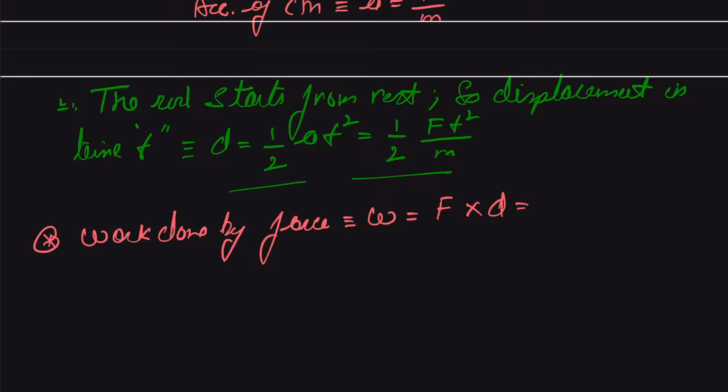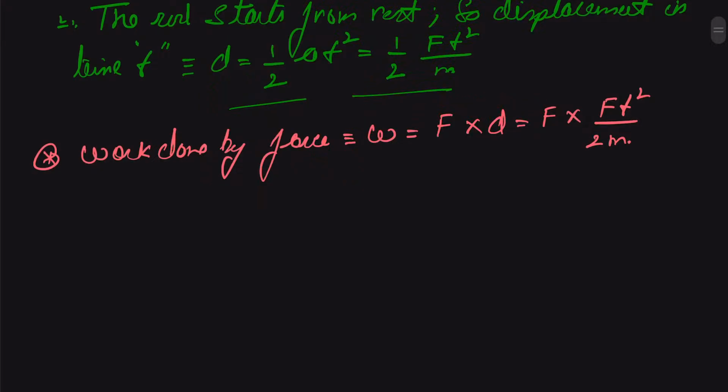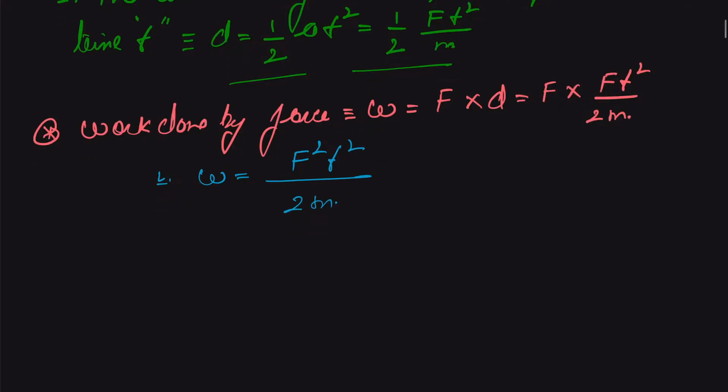Substituting the displacement, that is force F times F t squared upon 2m, this gives us that the work done will be equal to F squared t squared upon 2m. So this is our amount of work done.